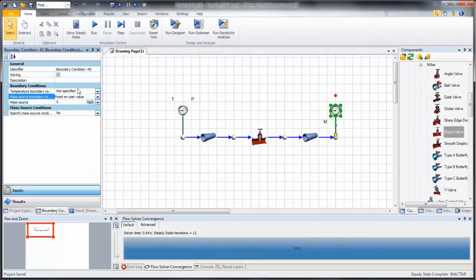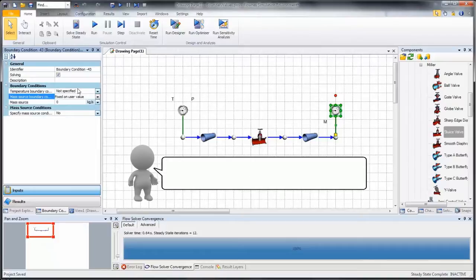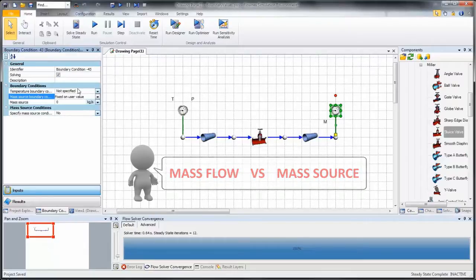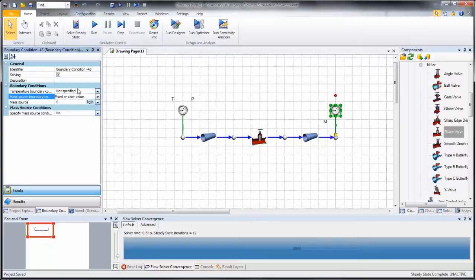At this point, it is also important to understand the difference between mass flow and mass source, which is our optional input value on the boundary. Mass flow is the value that will be given by a flow meter. So the amount of flow passing through a certain point in my network.